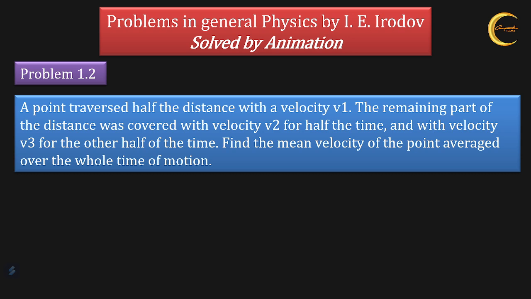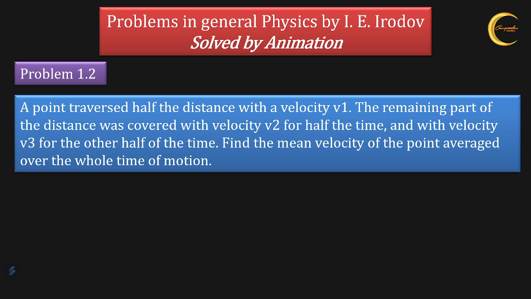So here the concept is required. For half of this distance his velocity is v1, but for the other half of the distance he has taken some time. For half of this time his velocity is v2, and with velocity v3 for the other half the time.